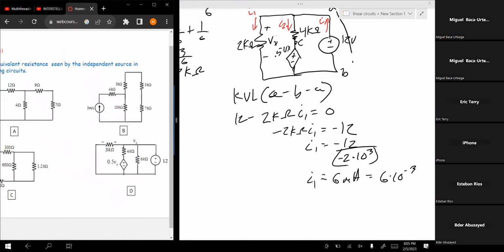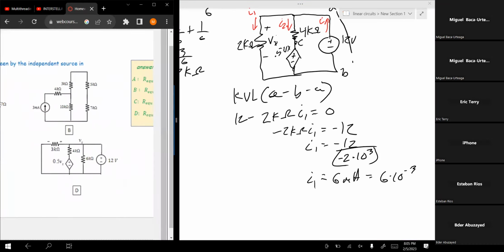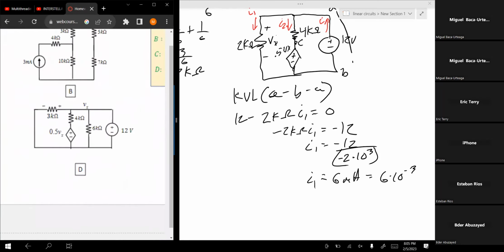What we're trying to find here is the equivalent resistance. So this is like a small part of the whole picture. So what else do we have to do? This is when we start finding what VX is in this case.